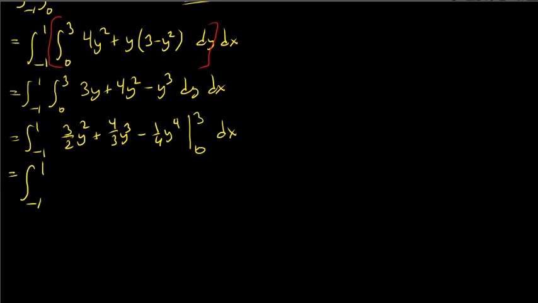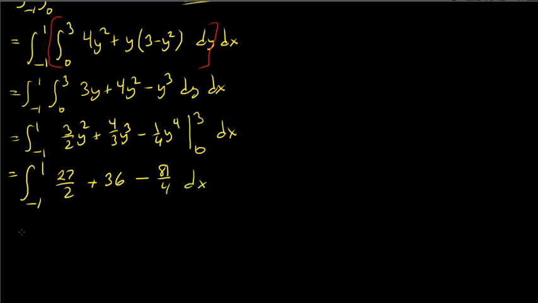So what happens when we plug in 3 here? We're going to get 3 times 3 squared, so that'll be 27 over 2, plus 4 times 3 cubed over 3, 27 over 3 is 9, 9 times 4 is 36, I hope. And then 3 to the fourth is 81 over 4.